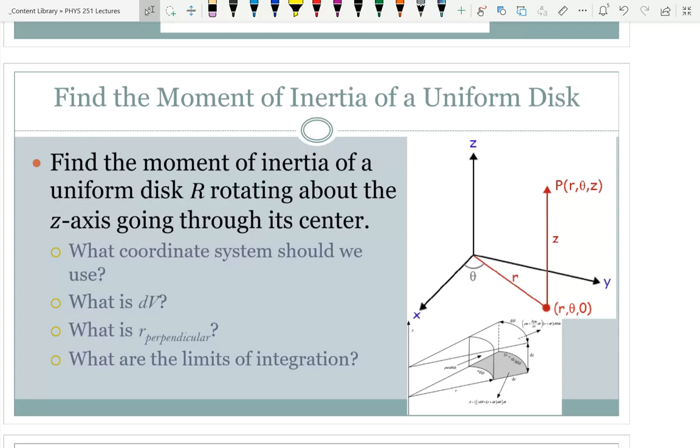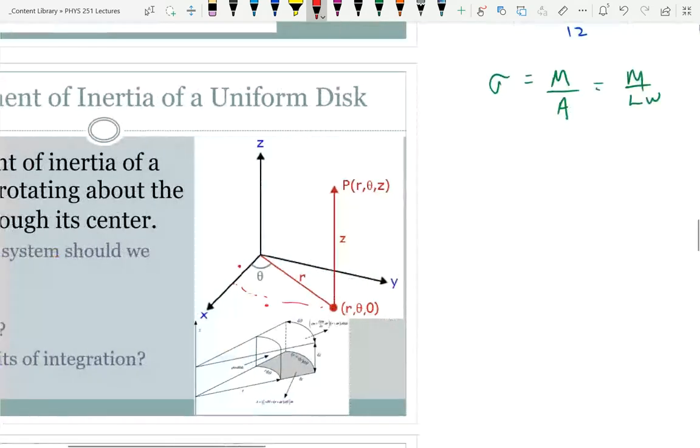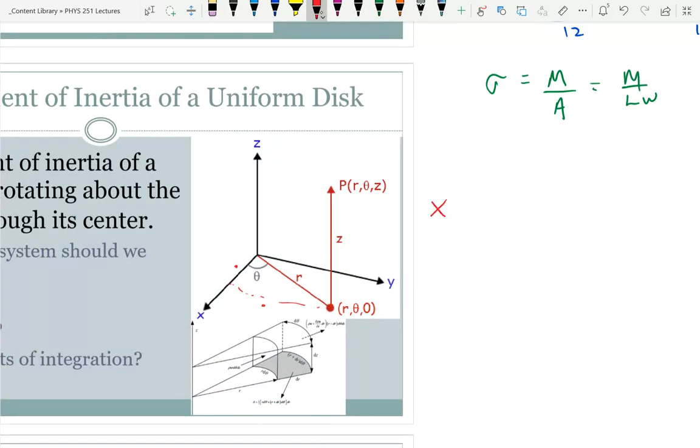In fact, it's pretty simple, right? If you break this up into a triangle, r is the hypotenuse, x is the adjacent side, y is the opposite side. And so x is equal to r cosine theta because it's adjacent, y equals r sine theta because it's opposite, and z is just equal to z. So transferring from one set of coordinates to the other is kind of simple.